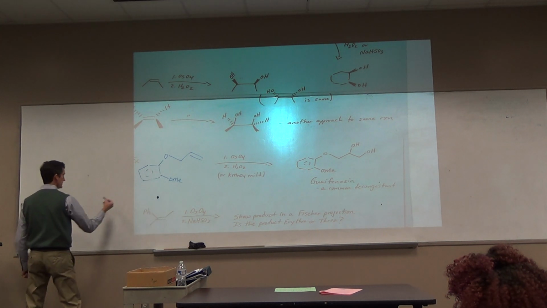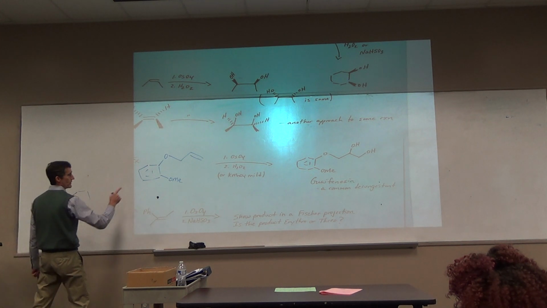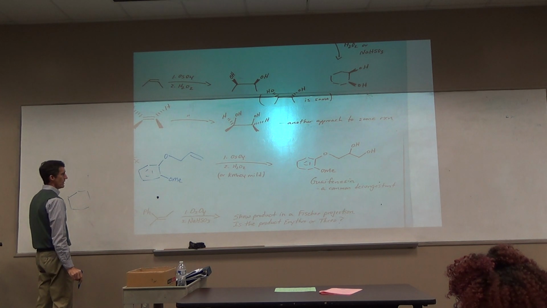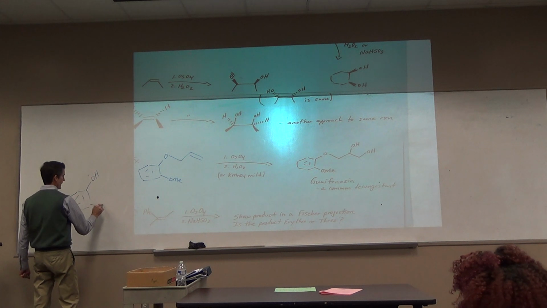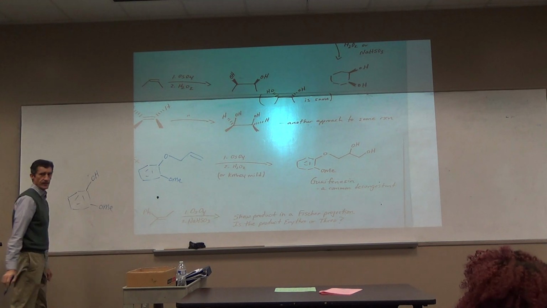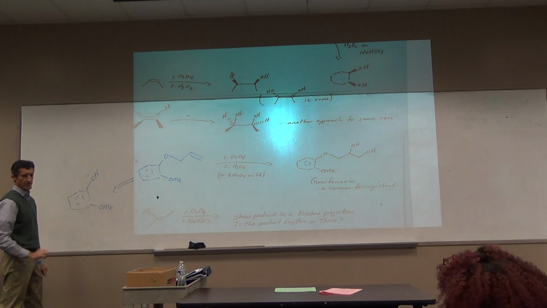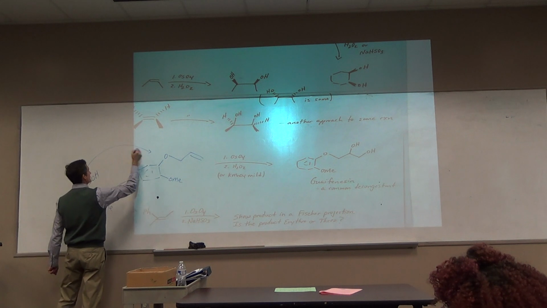How would you make this? We can go back just to do that. How could you back this up? Well, one way to back it up is to go back to this guy. If you had this, how would you make that? Williamson ether synthesis? Yes.